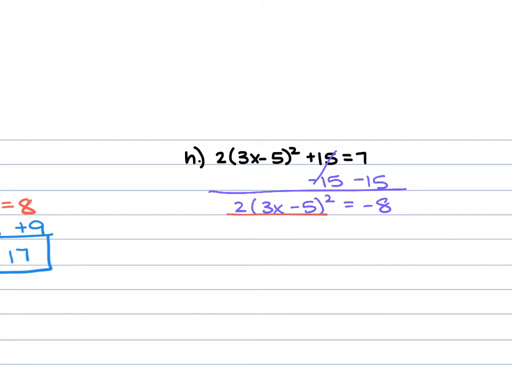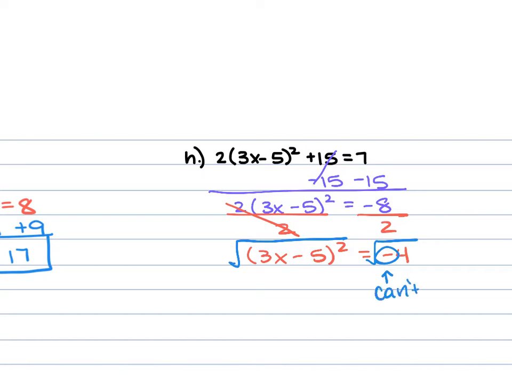From here, we're going to divide each side by that 2. So we have 3x minus 5 squared is equal to negative 4. From here, we would take the square root of both sides. We have a negative underneath that radical sign, so we cannot do this. So we get no solution for our answer.